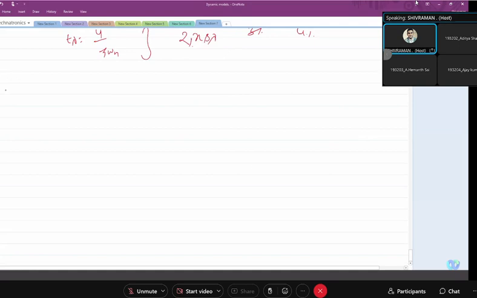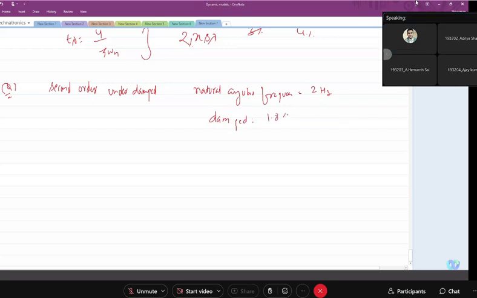So now on the basis of that, let's try to solve some problem. Consider a second order underdamped system for which your natural frequency is 2 hertz and damped frequency is 1.8 hertz.